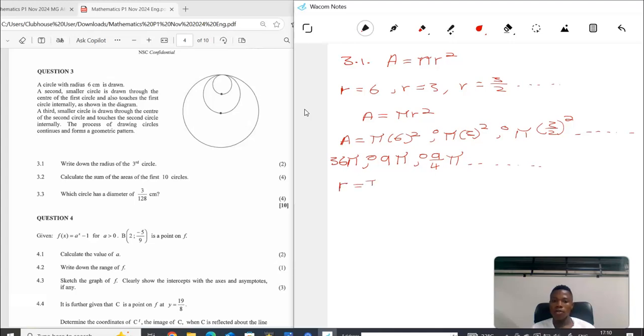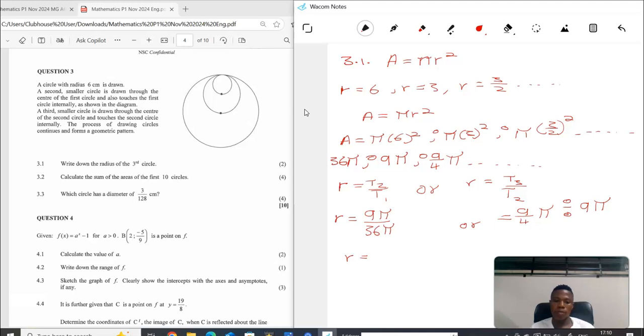Your r is equal to T2 divided by T1, or T3 divided by T2. Therefore, 9 pi divided by 36 pi, or 9 over 4 pi divided by 9 pi.